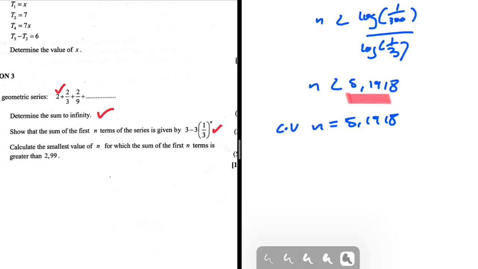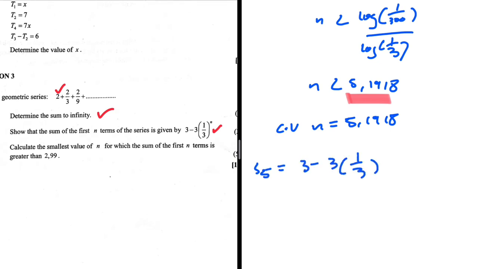Let's see about that. Okay, so when n is equal to 5, so let's say S5, what do we end up with? 3 minus 3, 1 over 3 to the power 5. Let's try 5. Okay, so I'm going to have 3 minus 3 multiplied by 1 over 3 to the power 5.